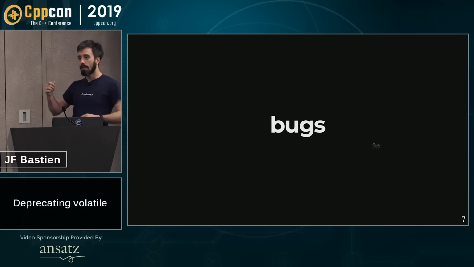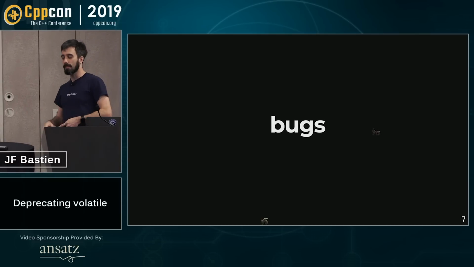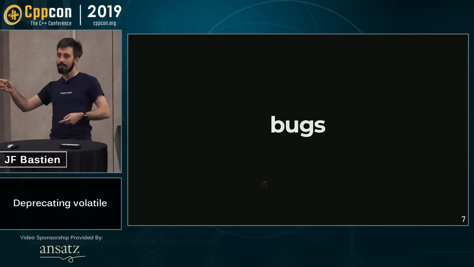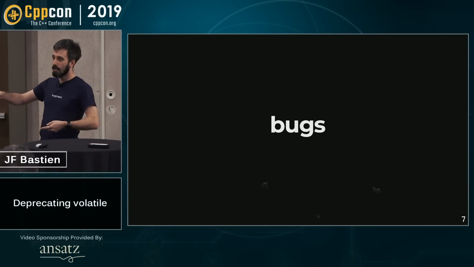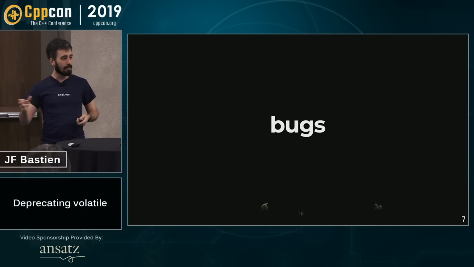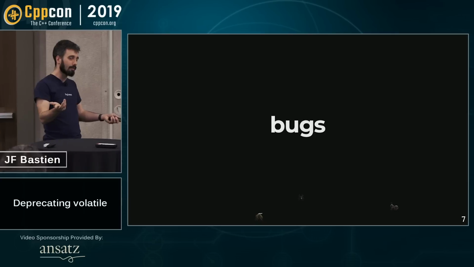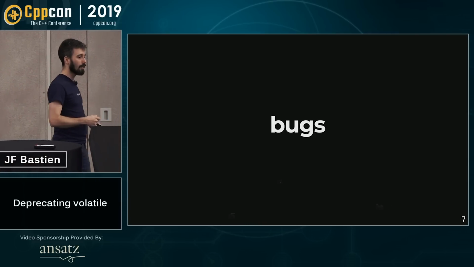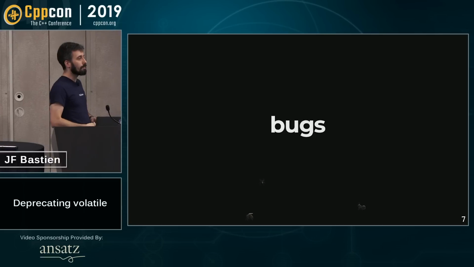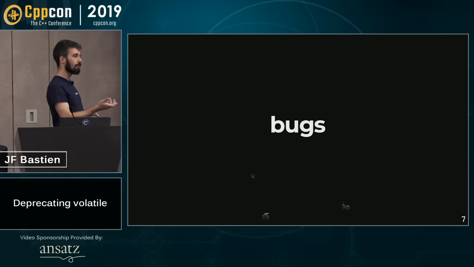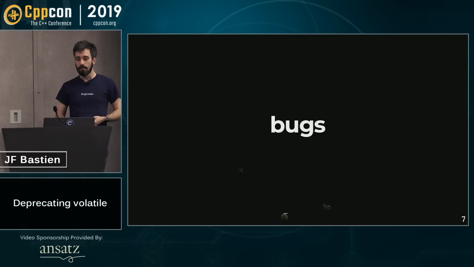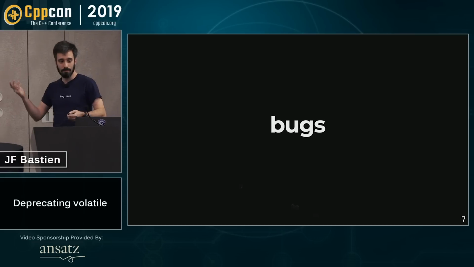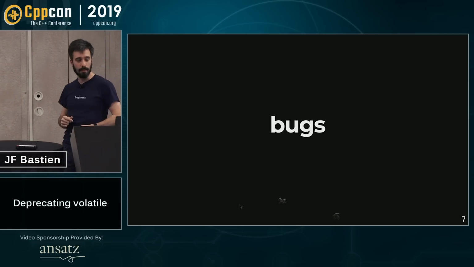You have really low-level C or C++ code that goes into hardware and is burnt into a ROM that you can't change after the hardware has shipped. If you have a bug in there, you can't really do anything. The hardware, presumably you tried it out, it seemed to work. But maybe there was something unintuitive happening, and the Volatile that you used or misused has a bug that you don't notice until you ship the hardware, then you have to just do new hardware. So it's not a great thing.